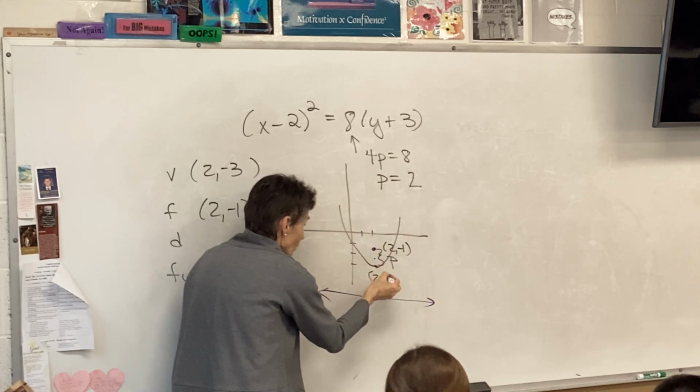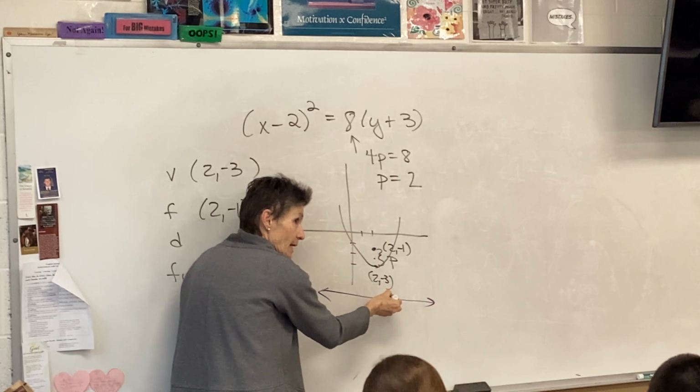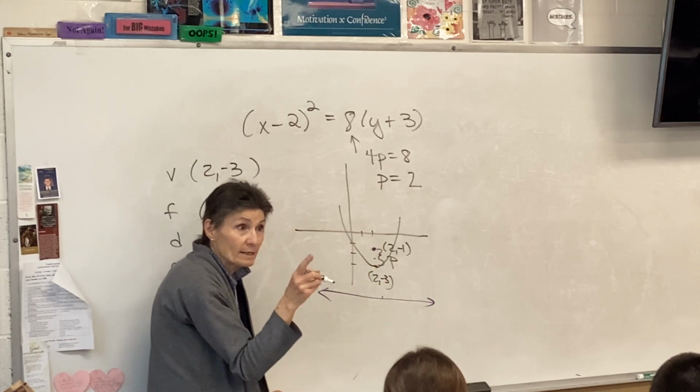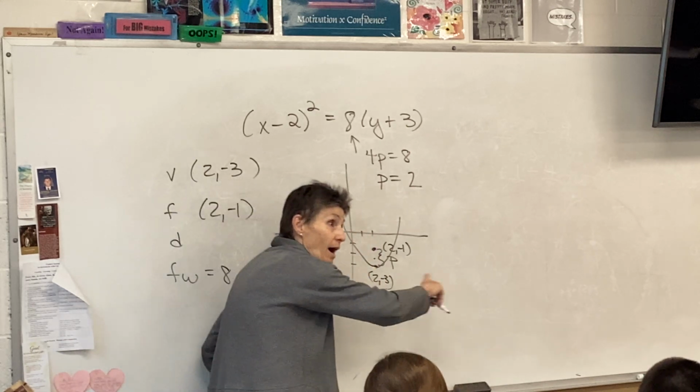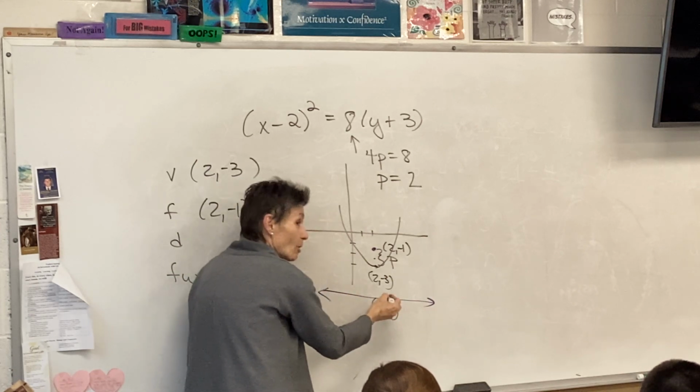Now what if I go down 2? Then I would be at negative 5. But be careful, it's not a point, it is a line. So we don't say this is the point (2, -5).